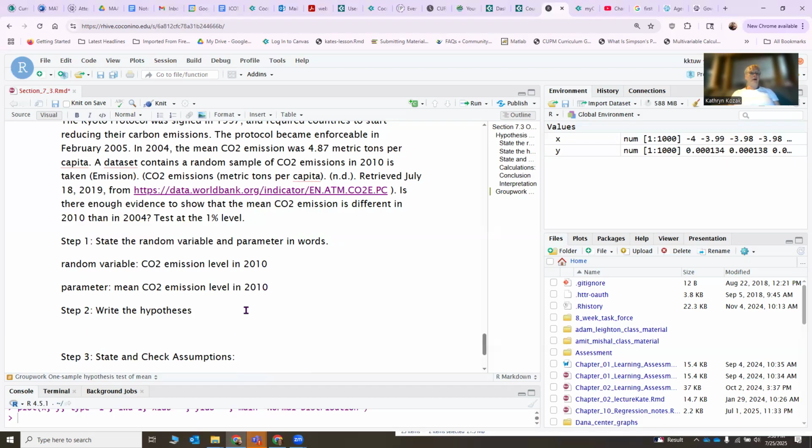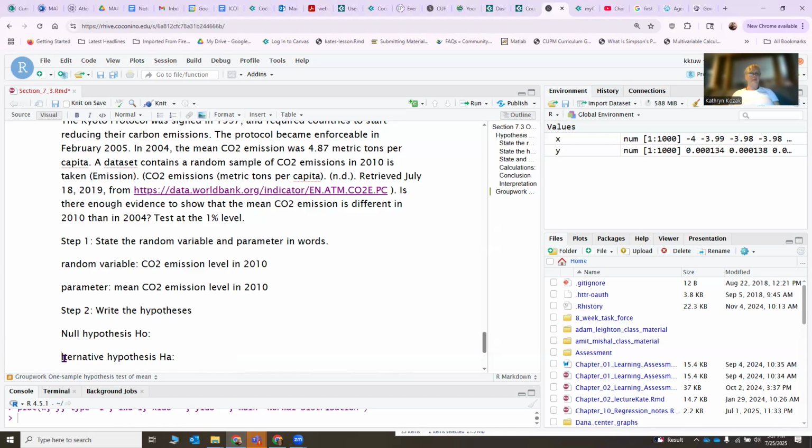So now we get to our hypotheses. We have two hypotheses. You have the null hypothesis, which you can call H0, and you have the alternative hypothesis, which you can call HA, or you can just call it alternative and so forth.